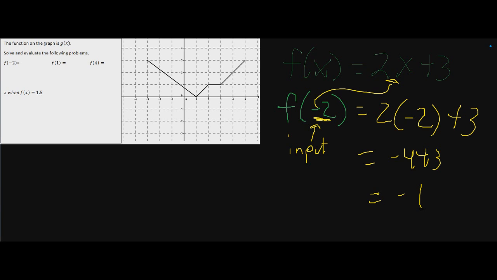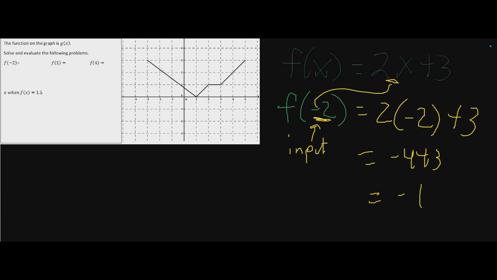So if we look over here, it's the exact same thing. F of negative 2, well, I just told you that's our input. That's our x value. If we're going to be using this graph right here, then we're going to have to look and see, well, when is x negative 2? Well, x is negative 2 right there. So when x is negative 2, what is my output?